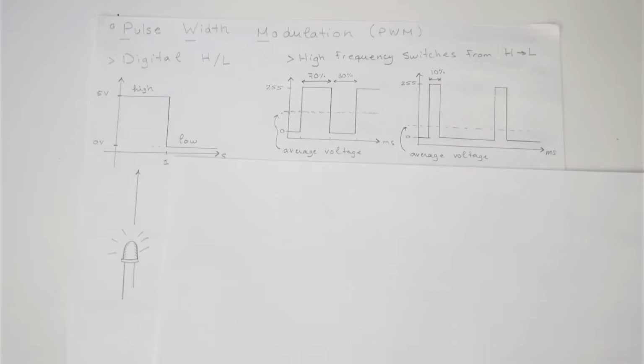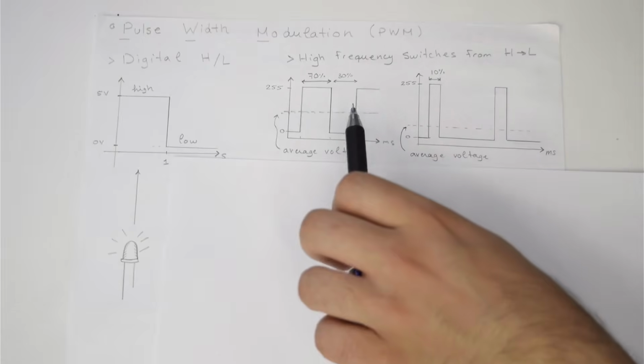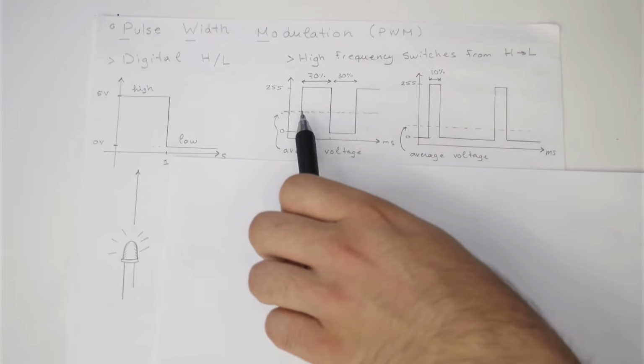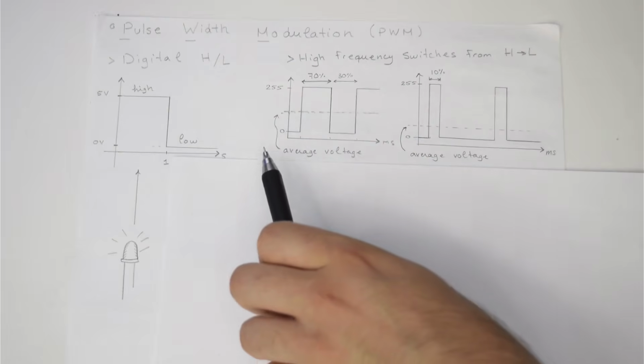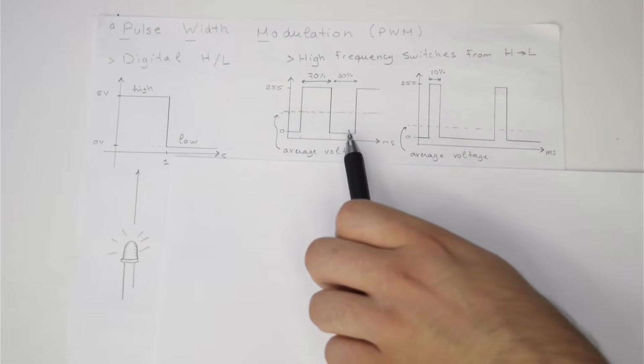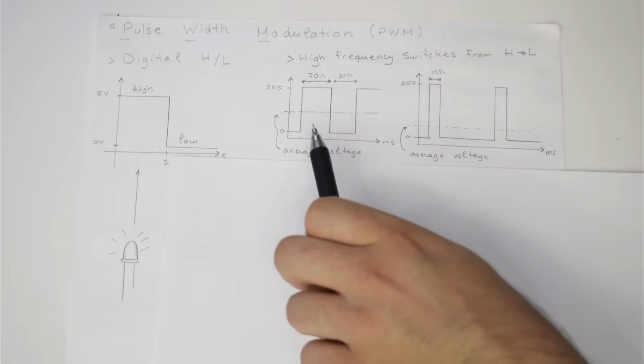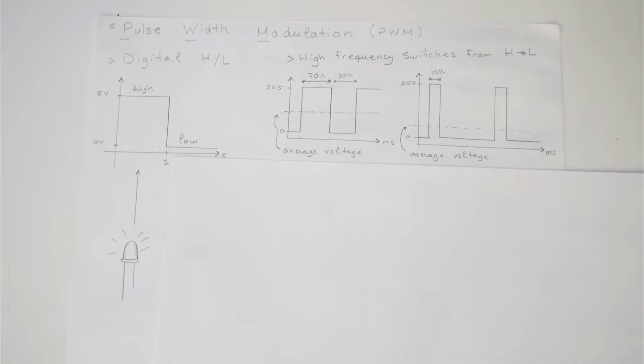What does that mean? 70% is the duration, or the width, from the total period. The total period is from here to here, and that's 100%. As you vary that, you'll get the brightness that you need for your LED.